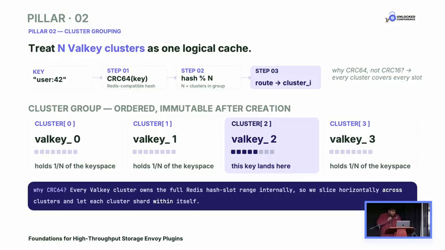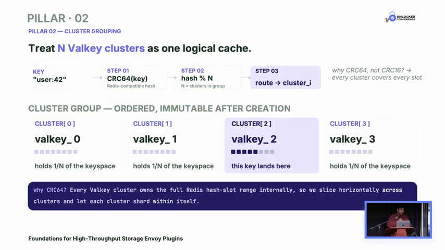The second pillar here is something called cluster grouping. So Valkey has a limit on cluster size, and for our scale, we are able to hit that limit easily, mostly because of the traffic, but for some cases which are memory bound, because of the data also.